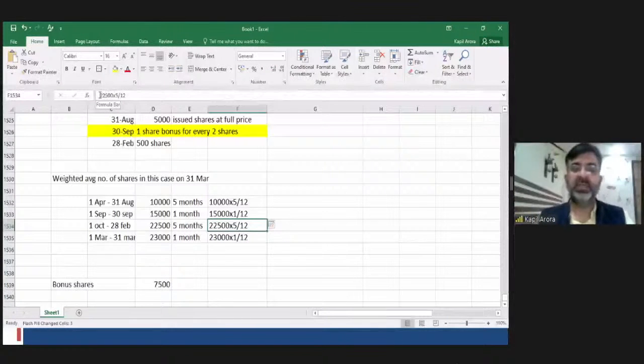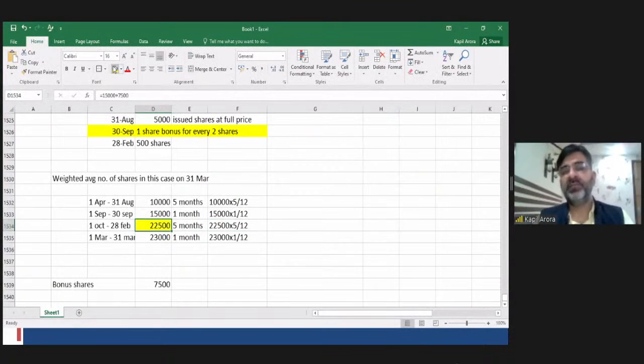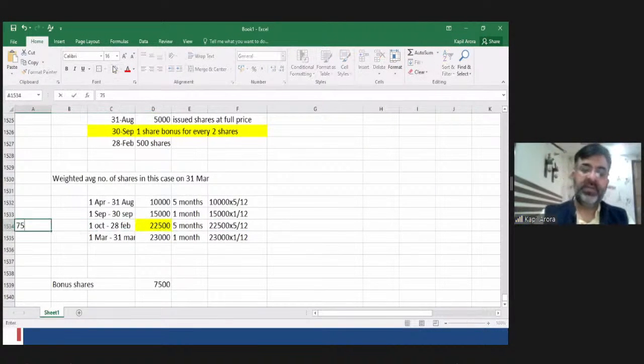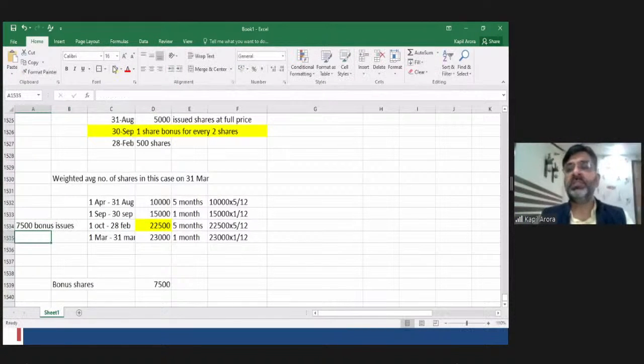But the only thing which we have not considered here is that these 22,500 shares include 7,500 bonus shares. And in a bonus issue, we assume that these bonus shares were always there, so we don't have to give them any weightage.